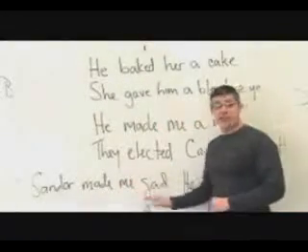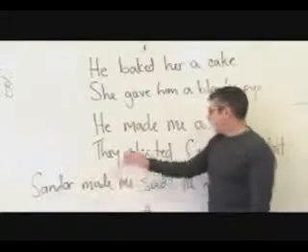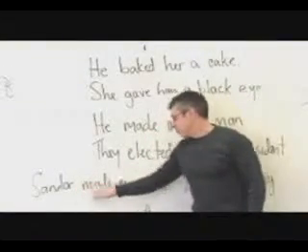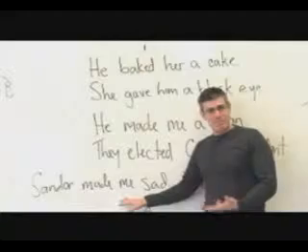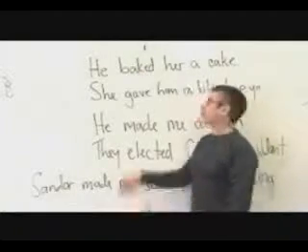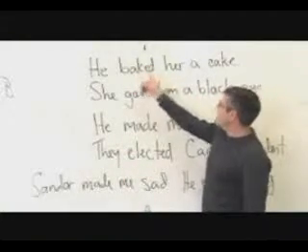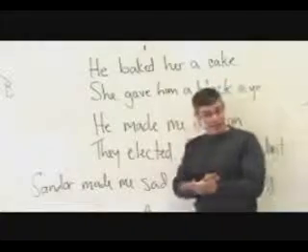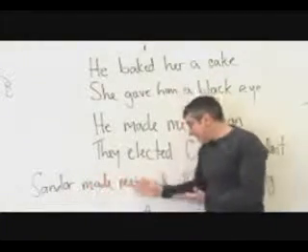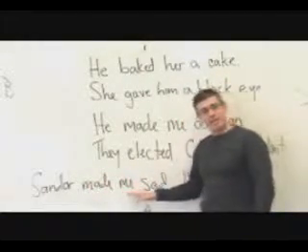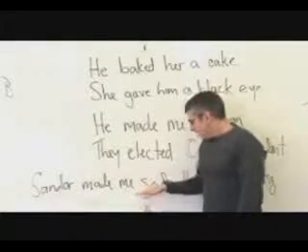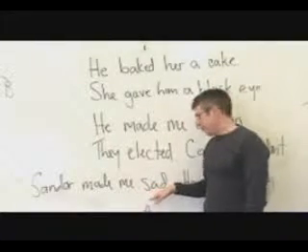Sandor made me sad. Now here's another made. Sandor made, well, but he didn't really make me, period, end of story, the way he baked the cake, end of story. He didn't make me, he made me sad. Sad here is, of course, an adjective.